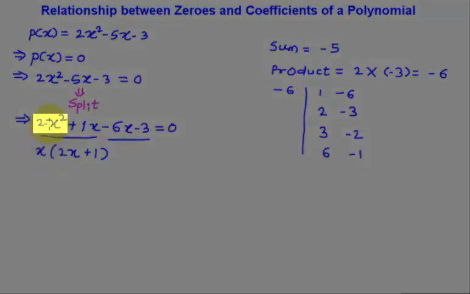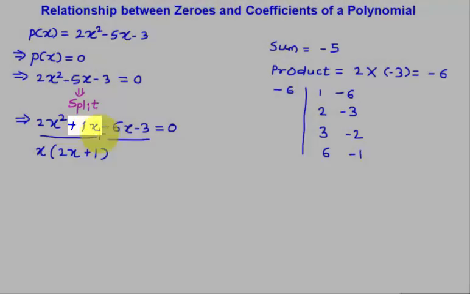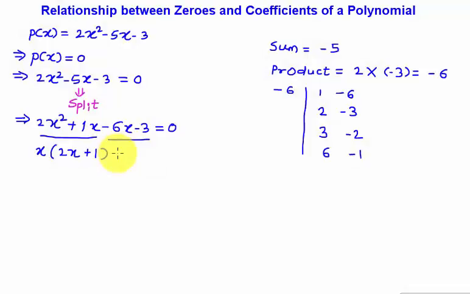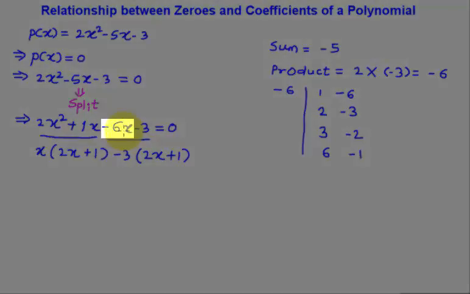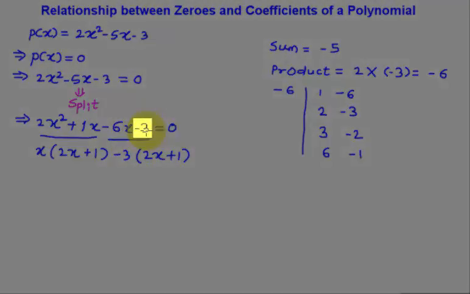So 2x into x will give us 2x square, 1 into x will give us 1x. From the second pair we can take minus 3 common and what remains inside the bracket is 2x plus 1. Now 2x into minus 3 will give us minus 6x and 1 into minus 3 will give us minus 3.